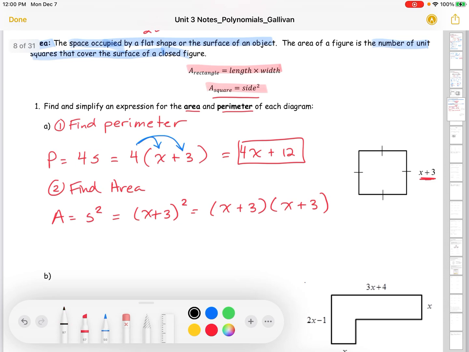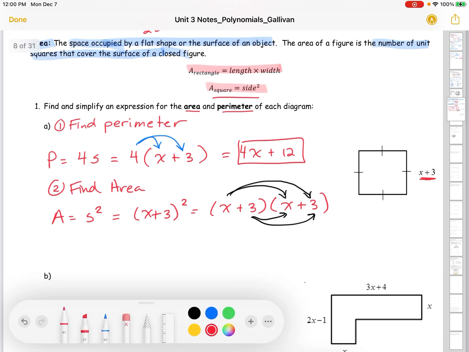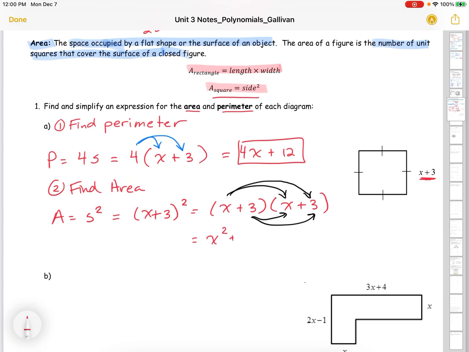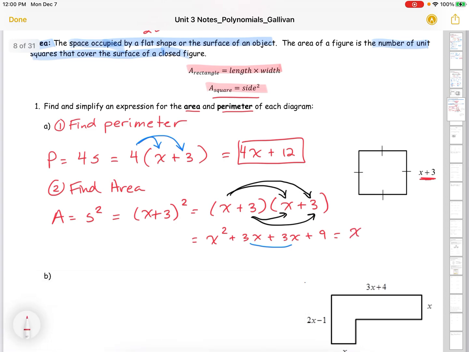So remembering our FOIL rules, first, outer, inner, last. So when we FOIL that, we're going to get x squared plus 3x plus 3x plus 9. We're going to combine these like terms, 3x plus 3x. We're going to get x squared plus 6x plus 9. And that would be our expression for area.